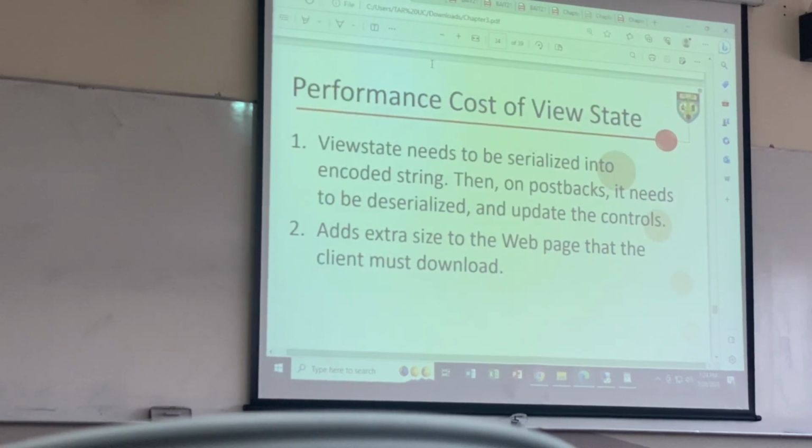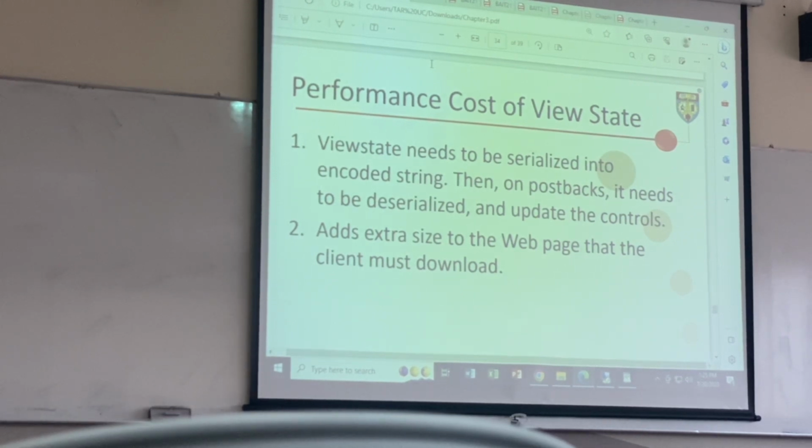It's good to use view state because it lets us retain the state, but the cost of it is that view state needs to be serialized into an encoded string. So when we see the view state in HTML, it will have a very long encrypted string of characters.